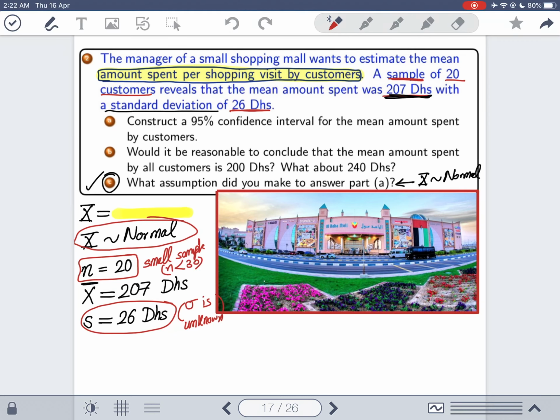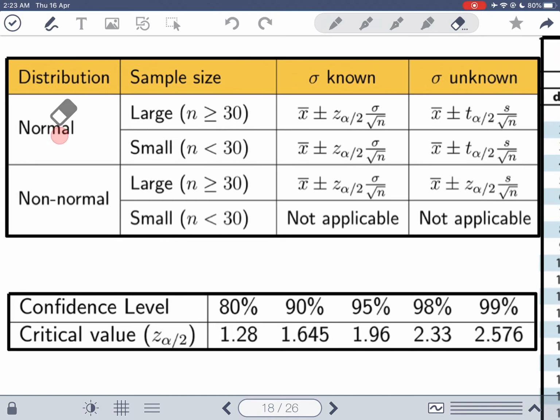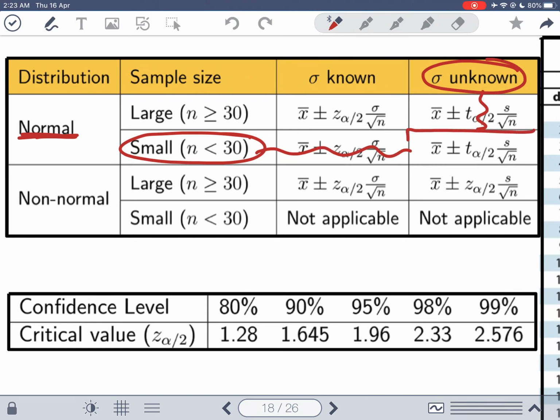So we have a small sample, a normal distribution, and sigma is unknown. Immediately you know that you'll be using the T distribution for this question.